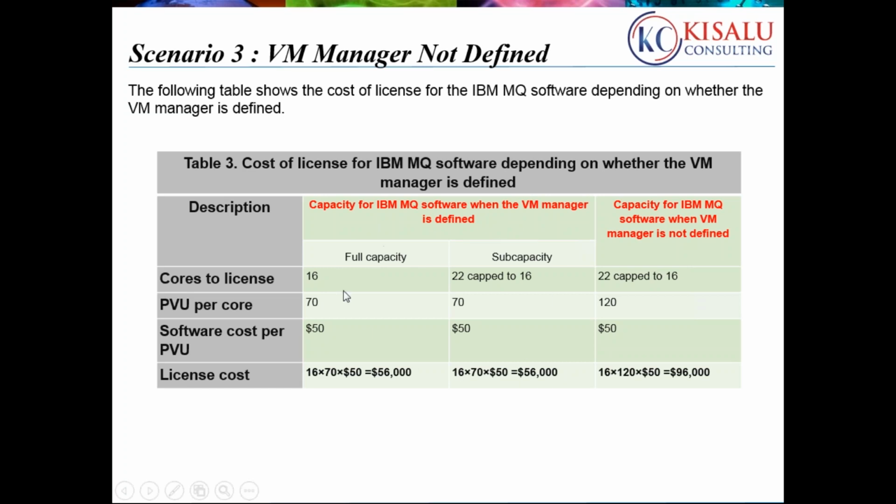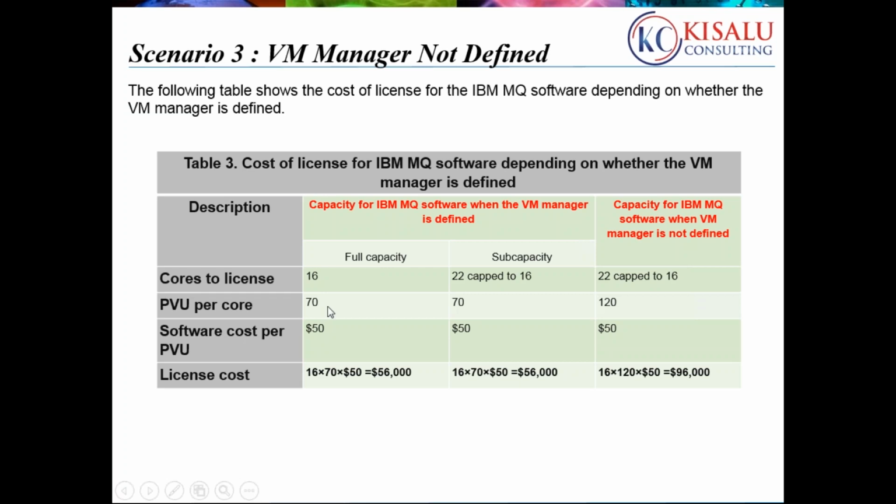it means the VM manager will have accurate information of your environment. It will know that I've got 16 cores and I created 22 cores. The rule from the licensing is that you cannot pay more than the physical machine cores allow you.